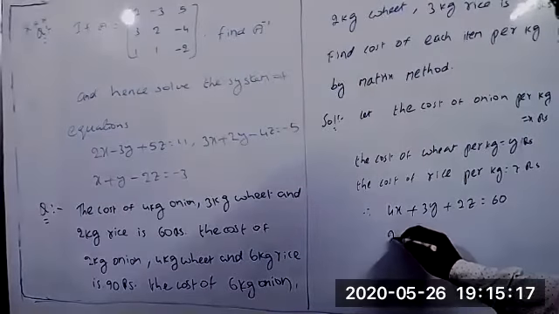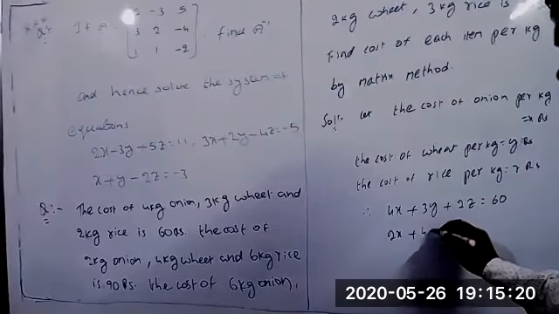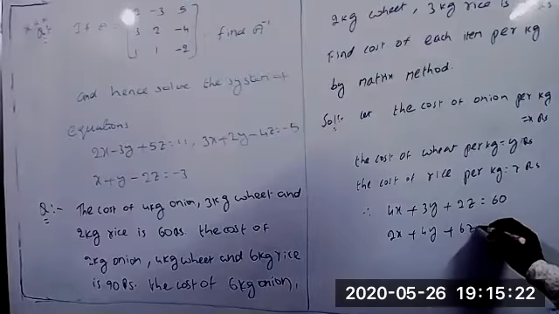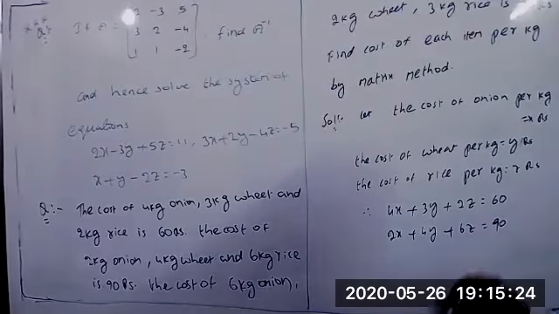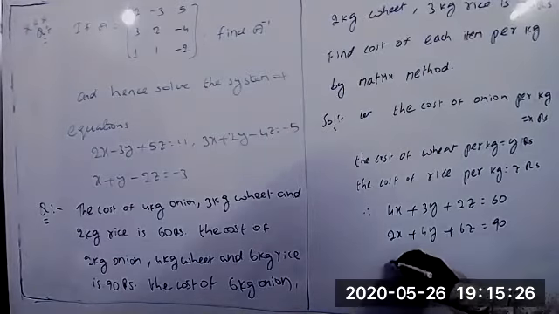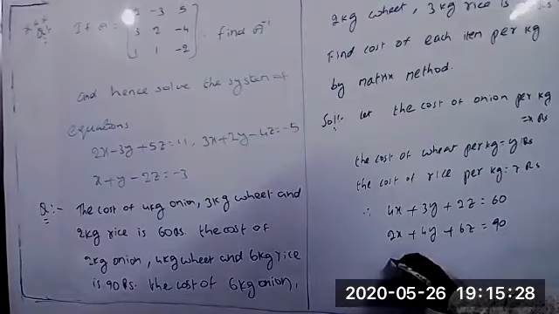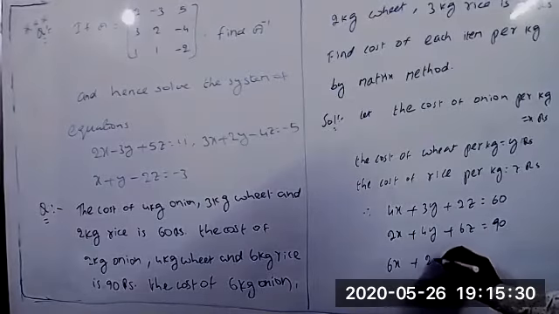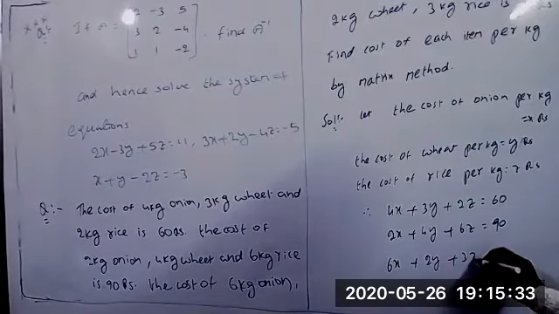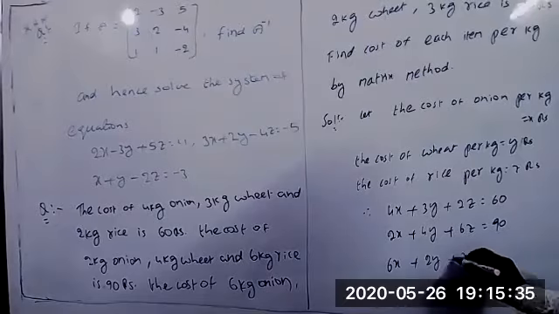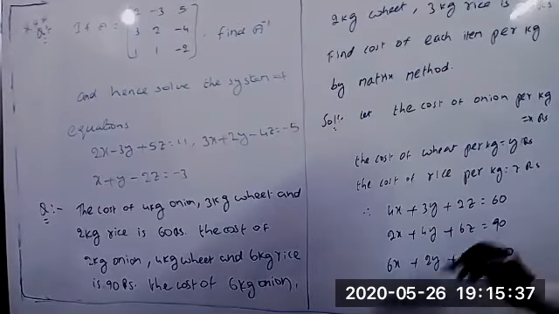Coming to the second one, 2x plus 4y plus 6z equal to 90 rupees, second equation. And third one, 6x plus 2y plus 3z equal to 70 rupees.